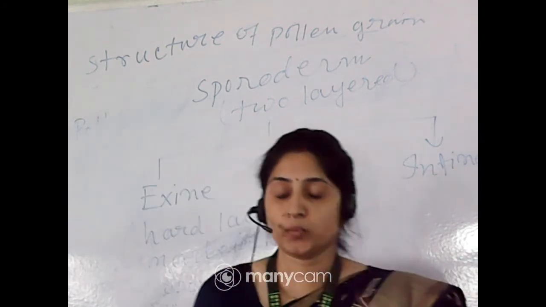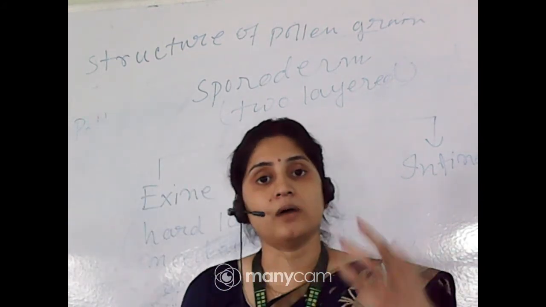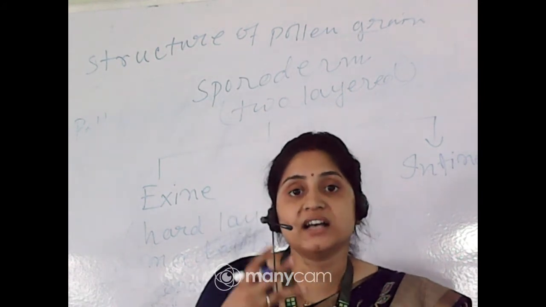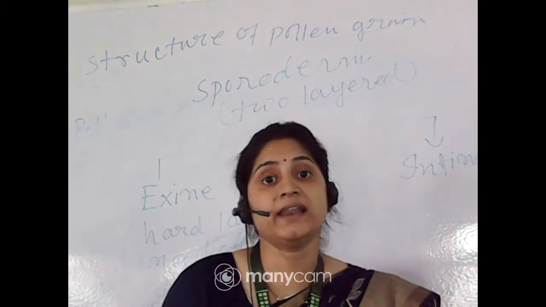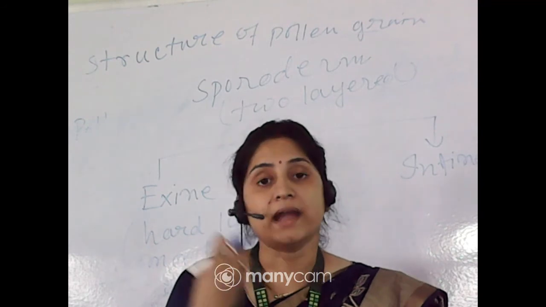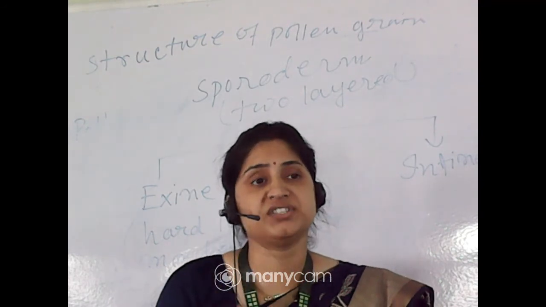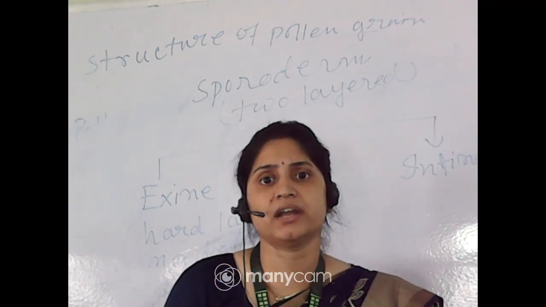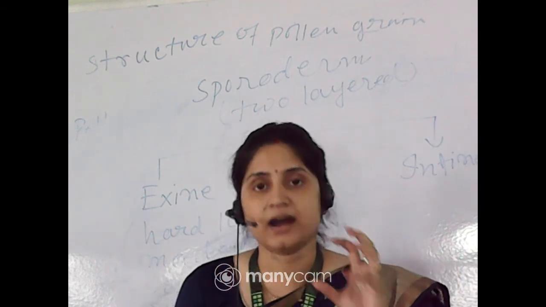What is the component of the exine? Why is the outer layer of the pollen grain so hard? Why can the pollen grain resist any type of condition? Because sporopollenin is the hardest component.